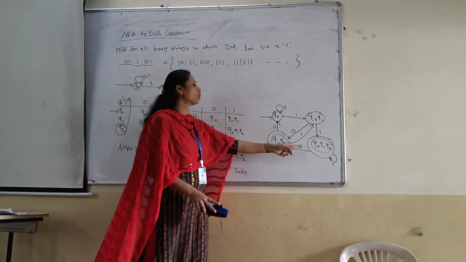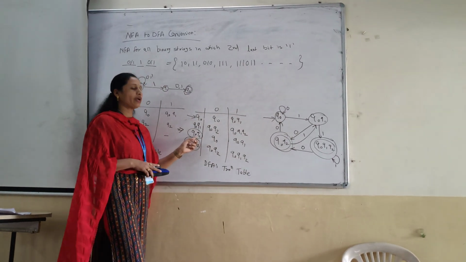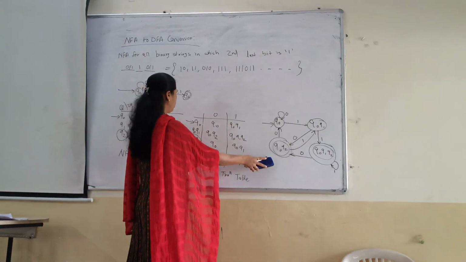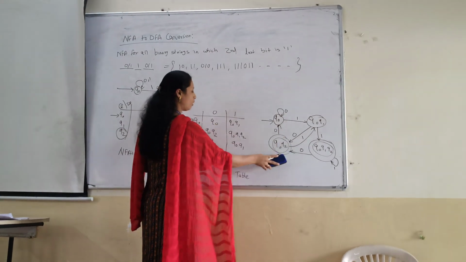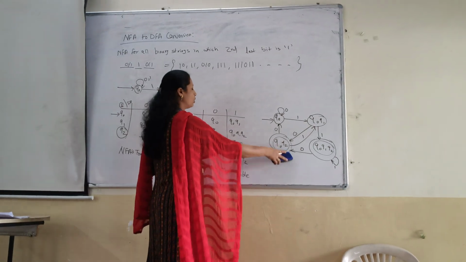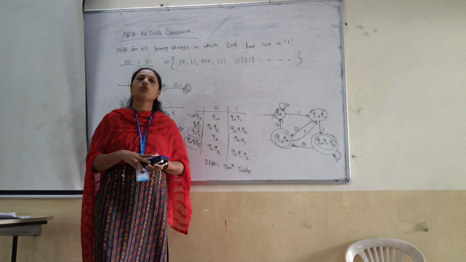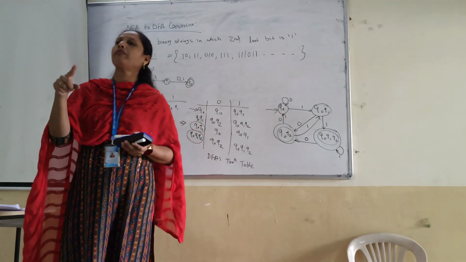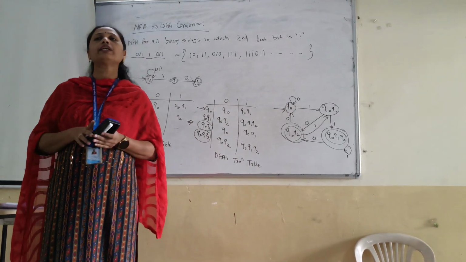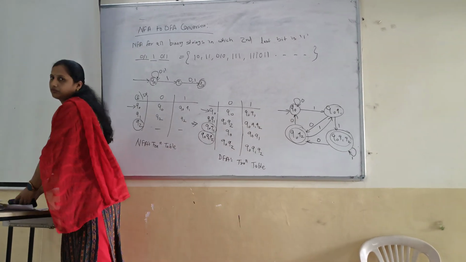On 1, Q0, Q1, Q2. Okay, now check for Q0, Q2. Where is Q0, Q2? We have seen Q0, Q1. Now Q0, Q2, and afterwards Q0, Q1, Q2. So accordingly we are drawing the diagram. So while converting NFA to DFA, you need to follow these steps. Okay students, I hope you understand it. Thank you.